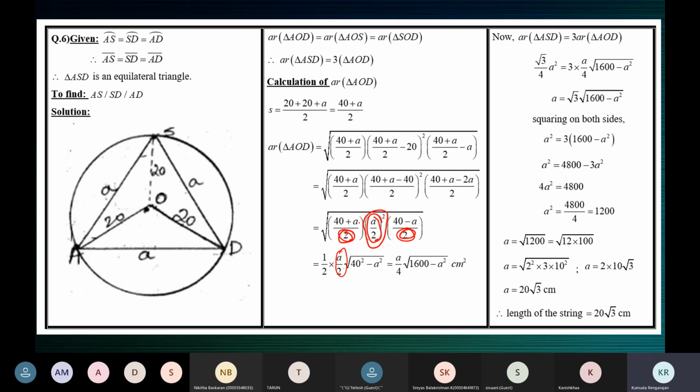Now what remains under the square root is 40 plus a in the numerator and 40 minus a. So it's like a minus b into a plus b, which is a square minus b square. 40 square minus a square, which remains under the square root.